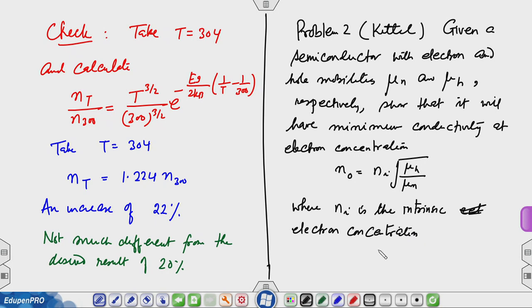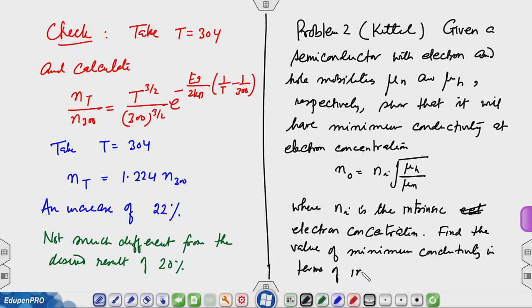Find the value of minimum conductivity in terms of intrinsic conductivity.